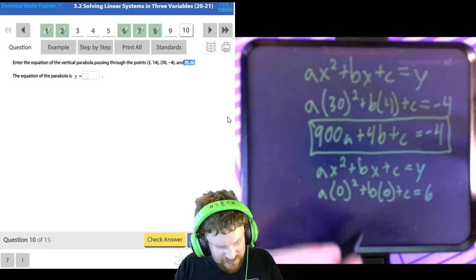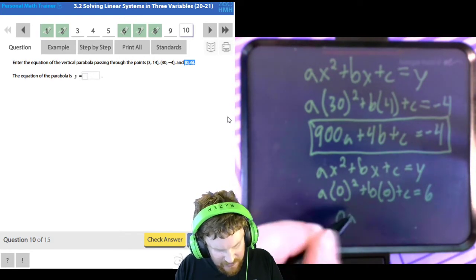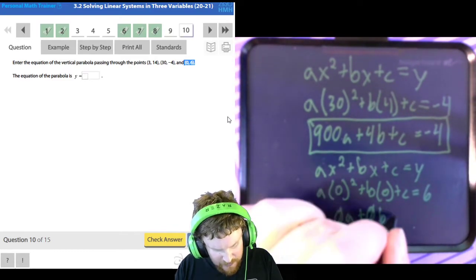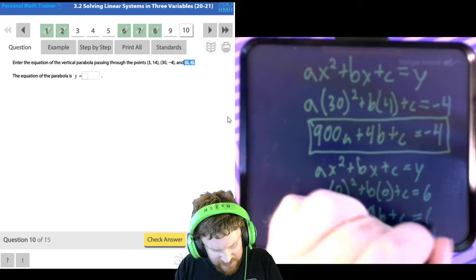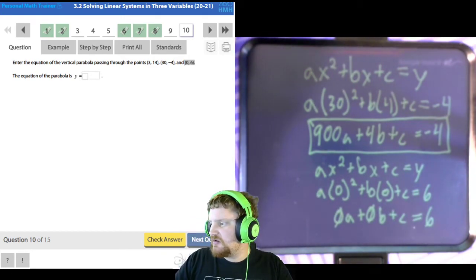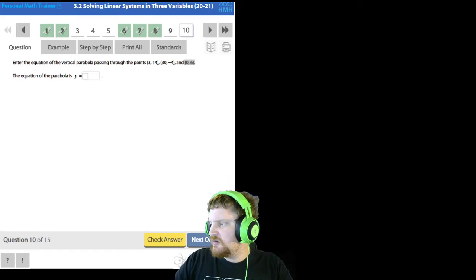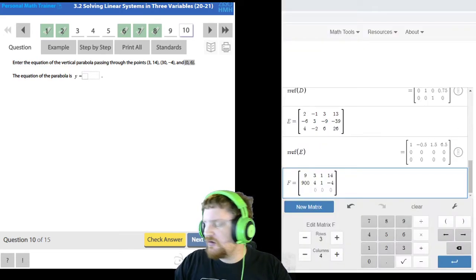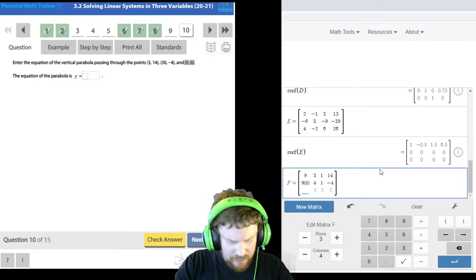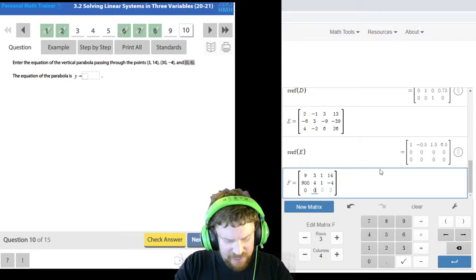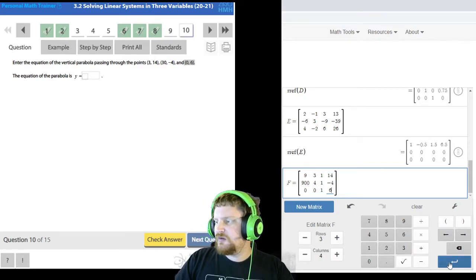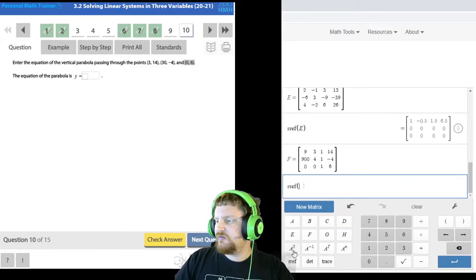So this is 0a plus 0b plus c equals 6. So this is the last equation I needed. And all I have to do is plug it into Desmos. I need 0, 0, 1, 6. Enter. Row reduce.